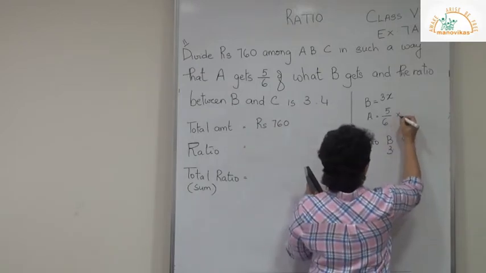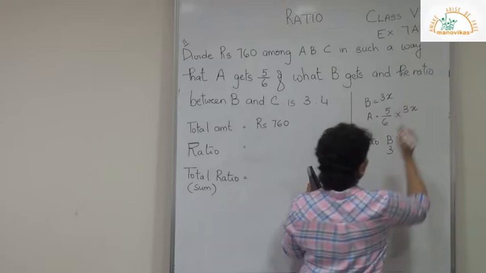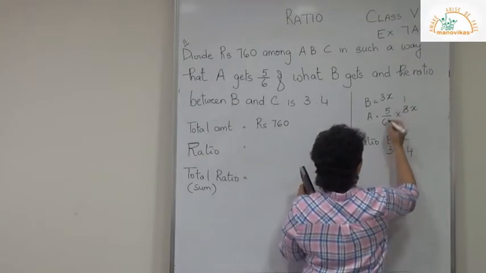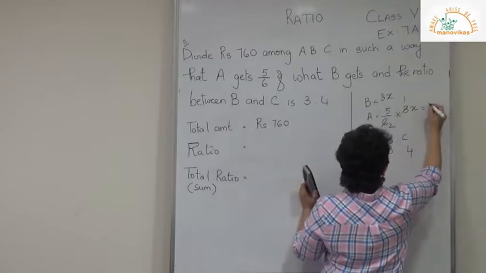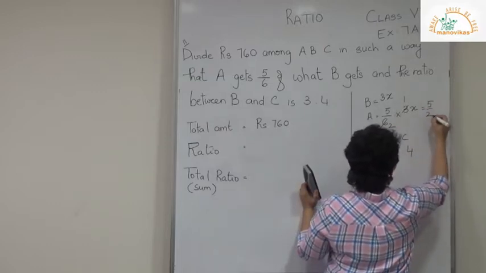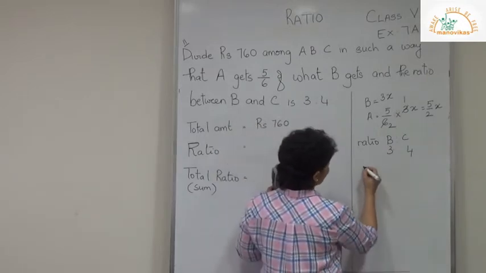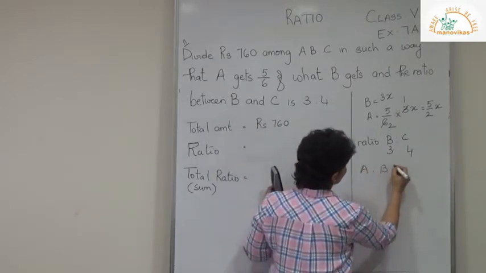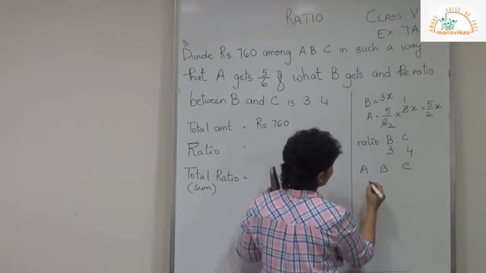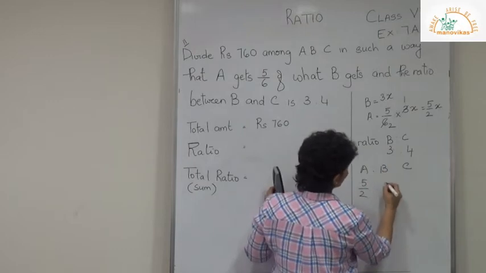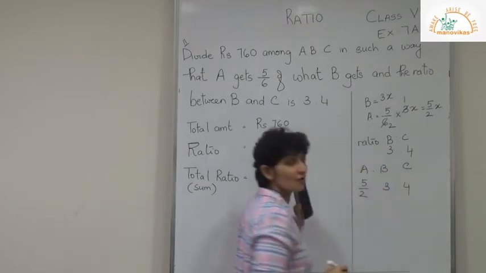So 5 upon 6 of 3x. Right? So when I reduce, 3 1s are 3, 3 2s are 6, I get 5 upon 2x. So what is my ratio then? A is to B is to C. It becomes 5 upon 2 is to 3 is to 4.